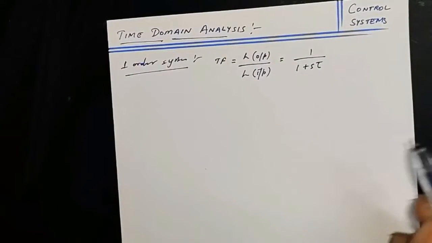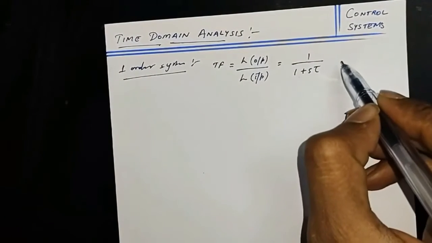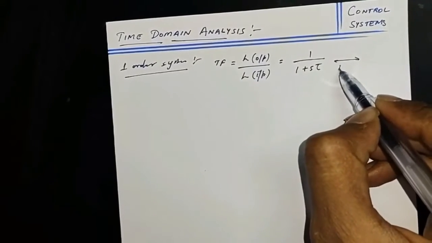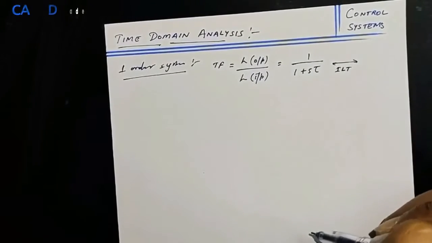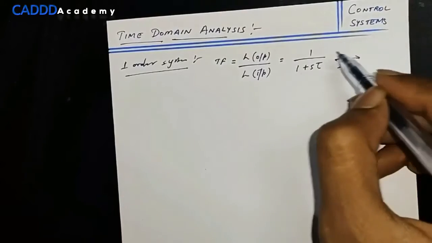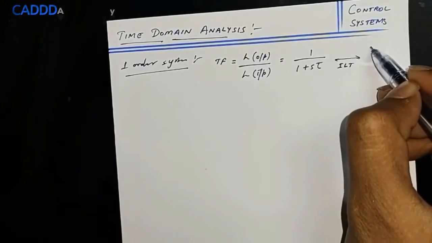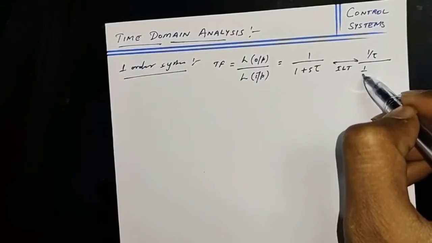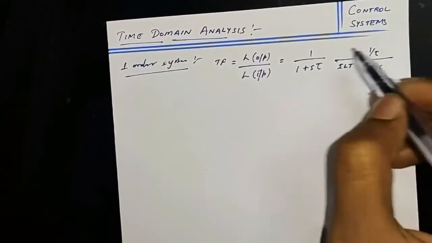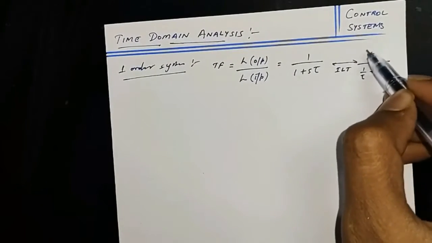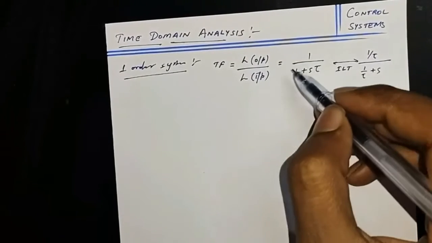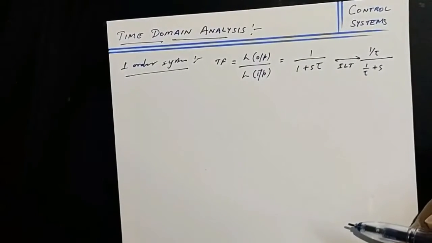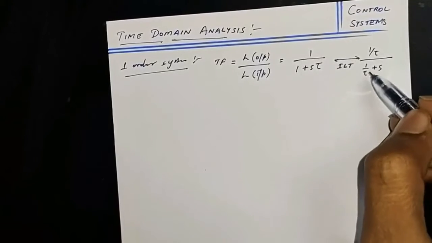When we take the inverse Laplace transform, ILT, let's rewrite this as 1 by tau plus s. I have just multiplied the term 1 divided by tau in numerator and as well as in the denominator. So I have got this thing.